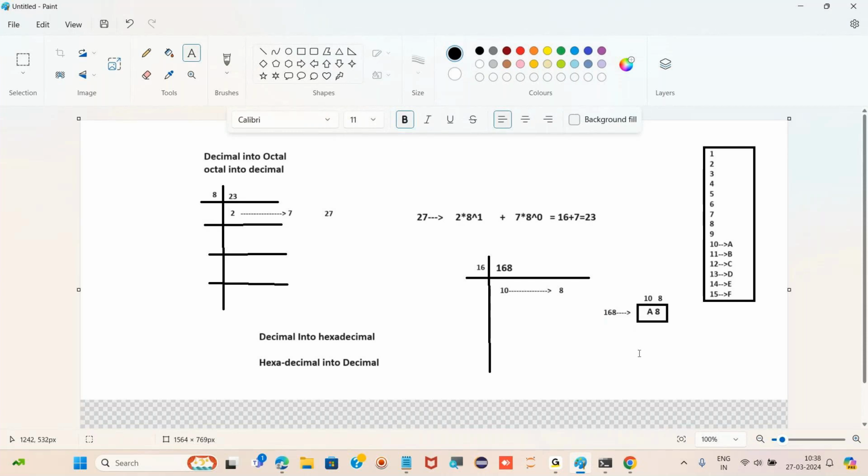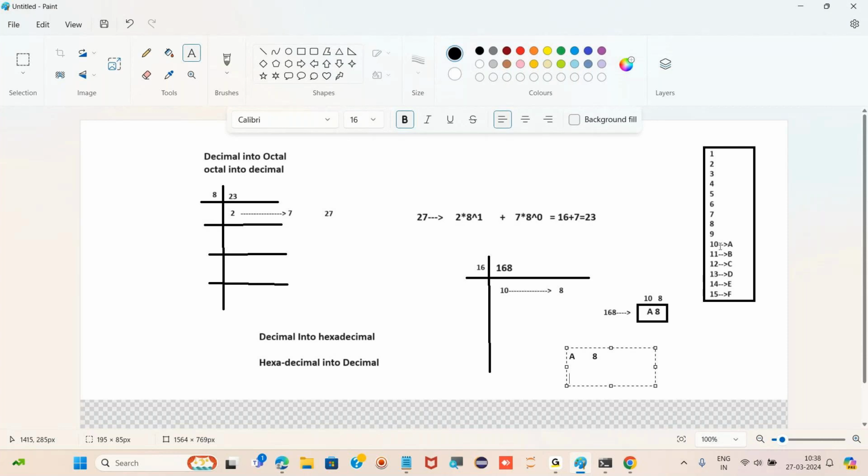Now what do we have to do to convert this hexadecimal into decimal? Simply the same thing we have seen. We have seen the value of 168 is A and 8. But how can we use this to convert? For A, as we know, the value of A is 10, and this is 8.